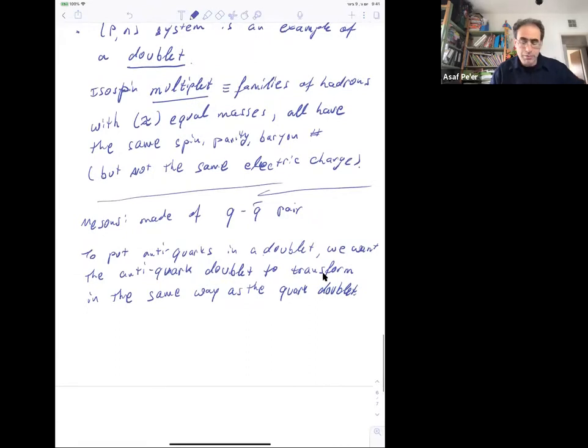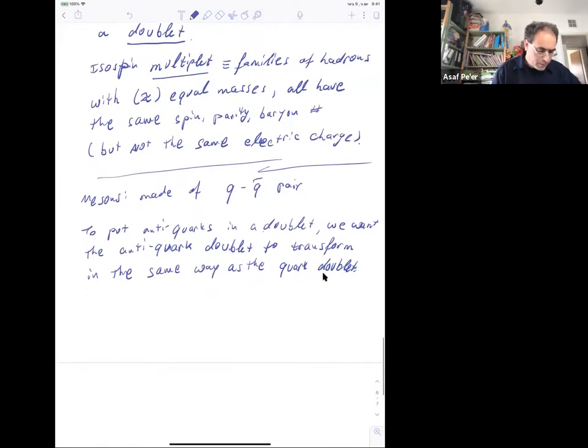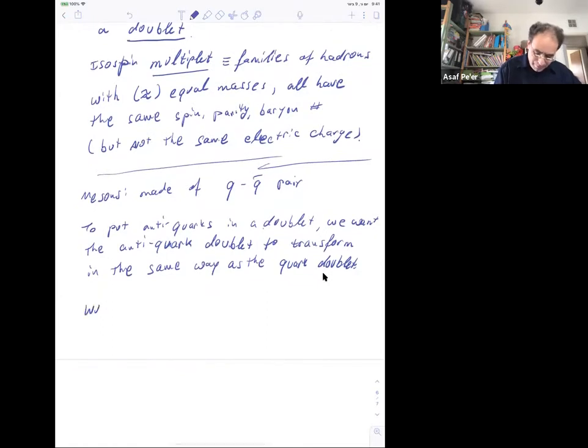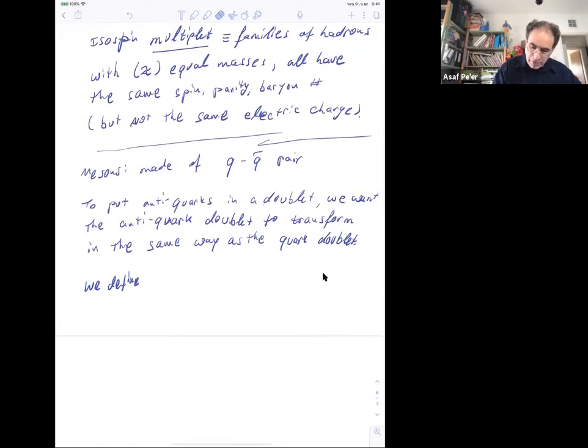So the way to define the anti-doublet is with this extra minus sign. So we define the anti-doublet.